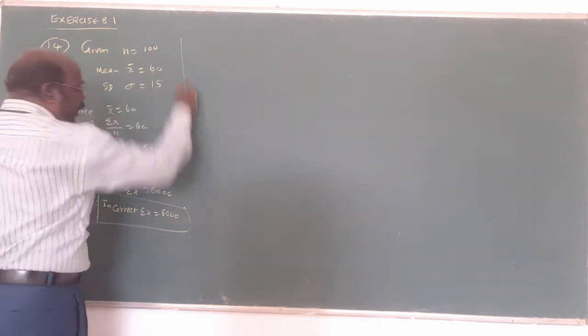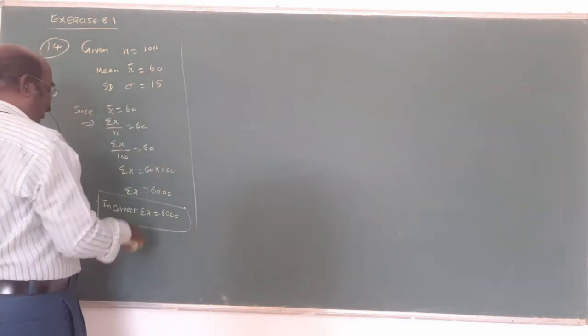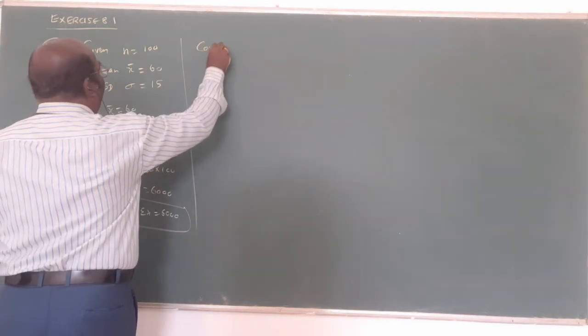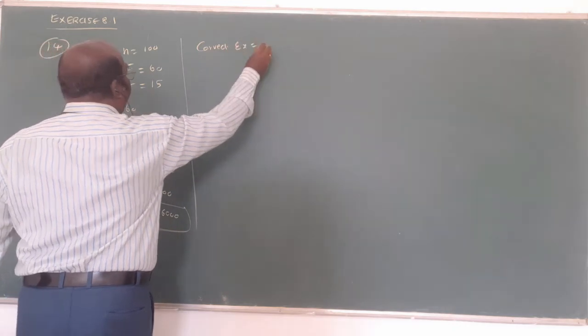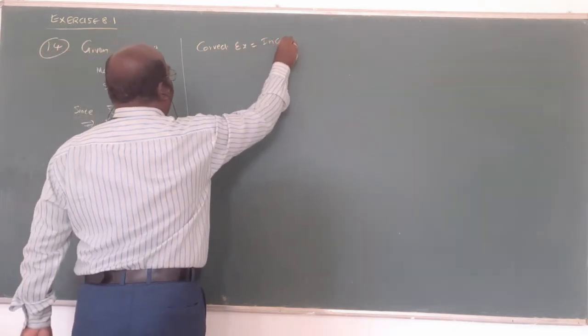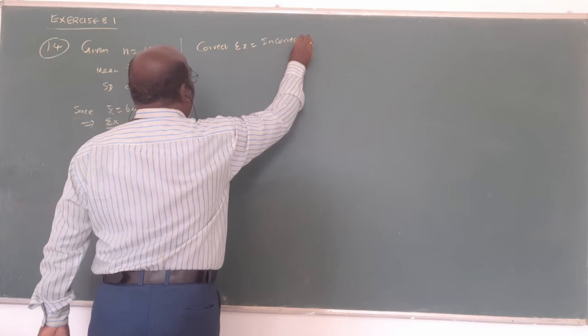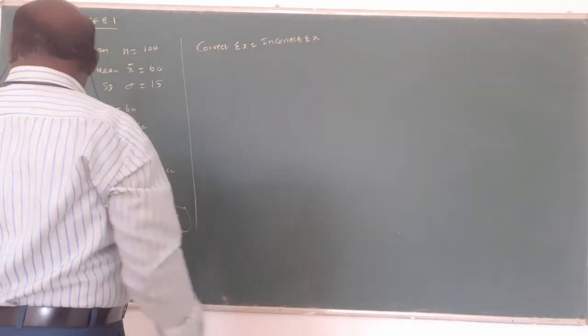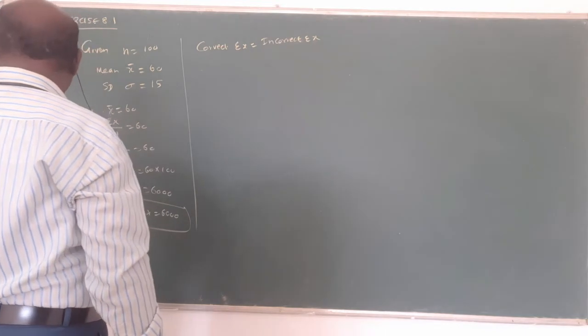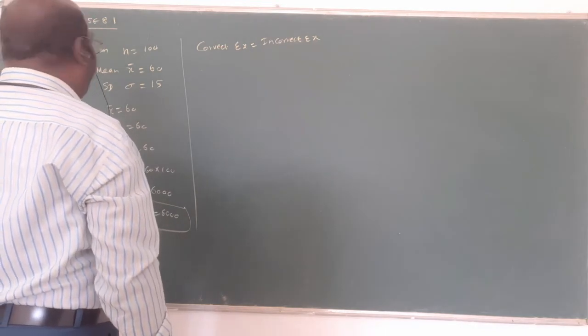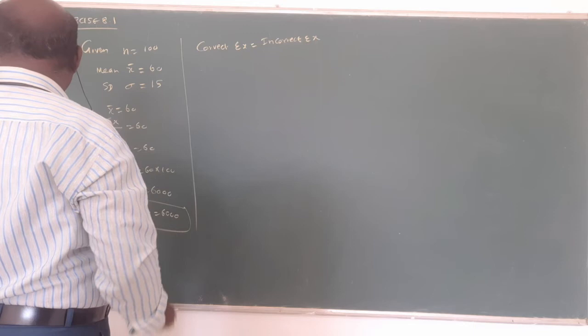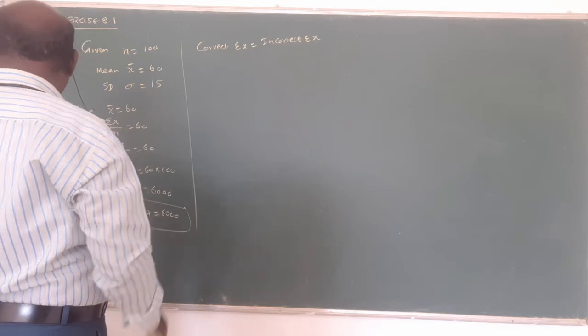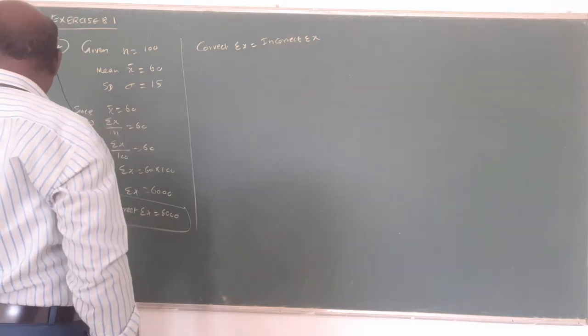Now, the correct mean is also needed. That's why we want the correct total from the incorrect total. The scores 45 and 72 were wrongly entered as 40 and 27.